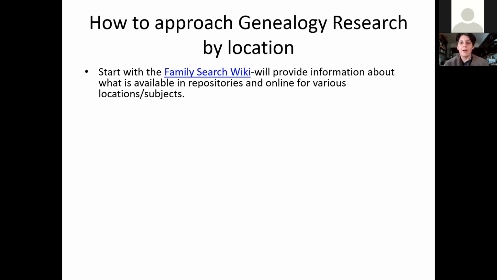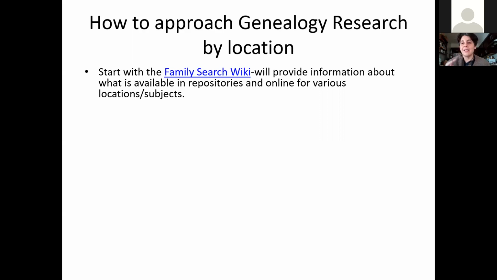And I know nothing personally about Minnesota or Minneapolis genealogy, so I would be like, I don't know. So one of the first places that I go when I have no idea of what is available and how somebody can find something is I will go to the FamilySearch Wiki, which we are going to look at a little bit later.